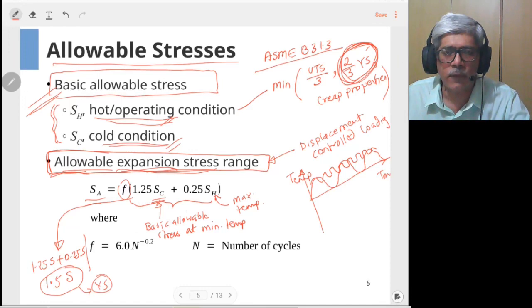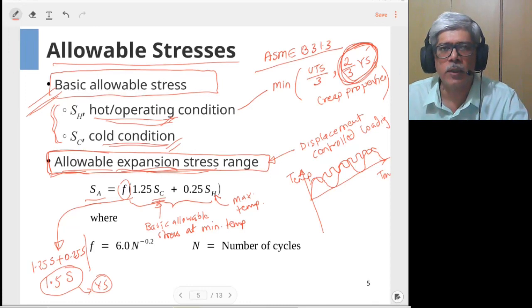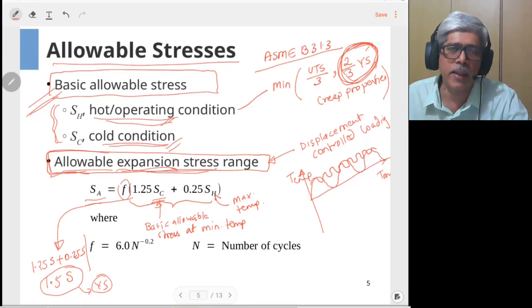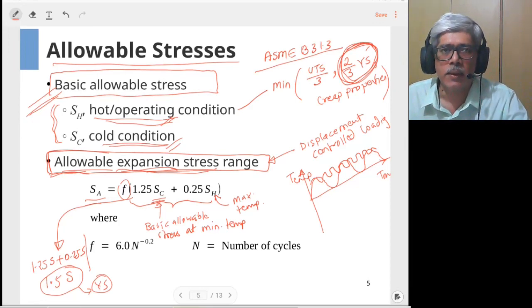And because of the temperature effect, the allowable stress is not constant, it is varying with respect to time. That is why the weightage is given for the different stresses. So the point to be noted is that the allowable stress range for temperature loading is higher than that for the basic or the sustained load case.